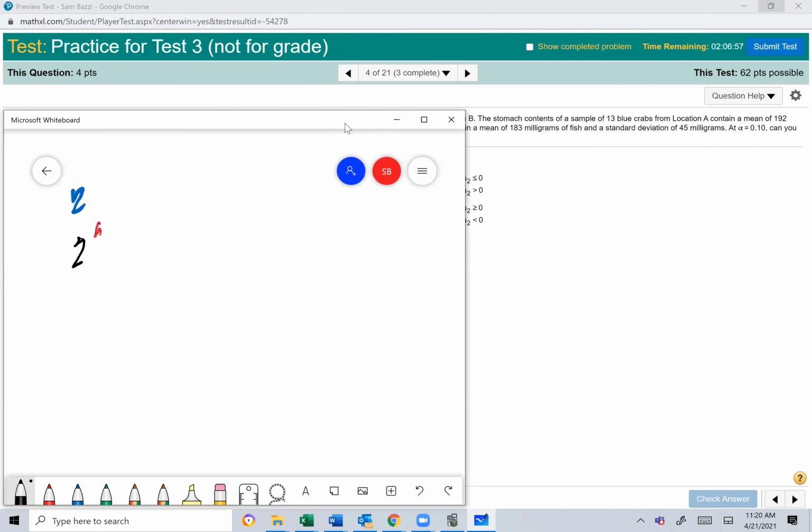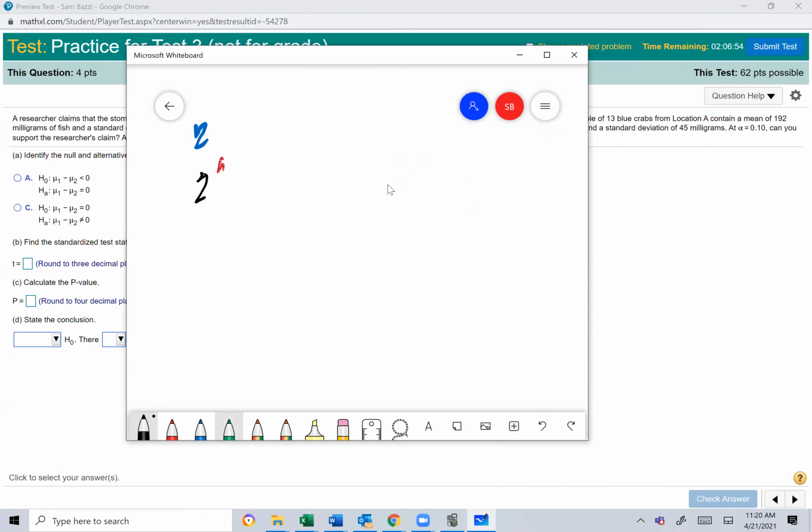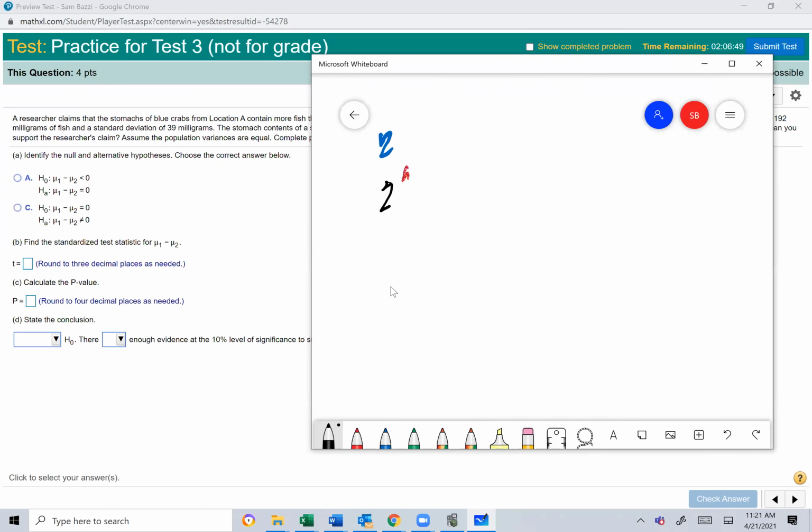Just put the data that we have in there. So let me show you guys. So we have location A, and then we have location B. We have X1 bar, which is, let me show you. Okay.